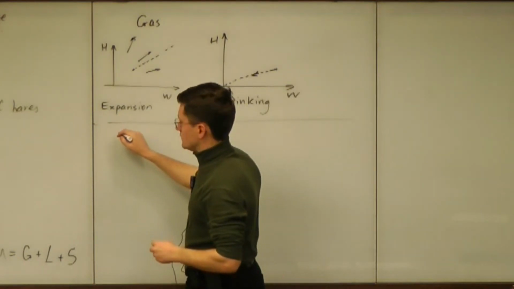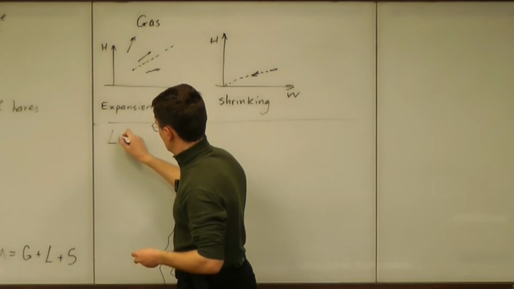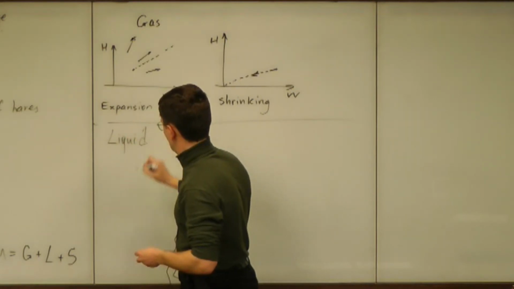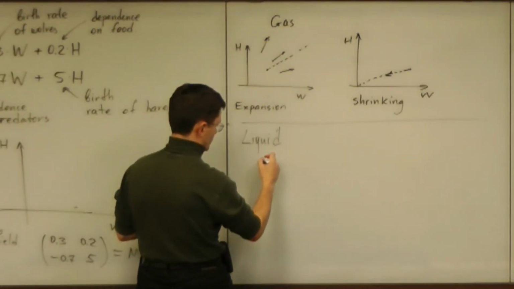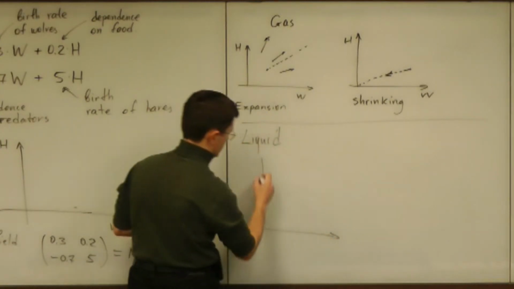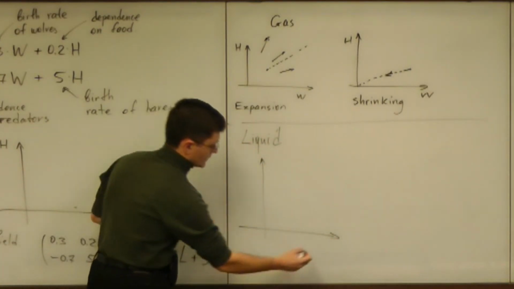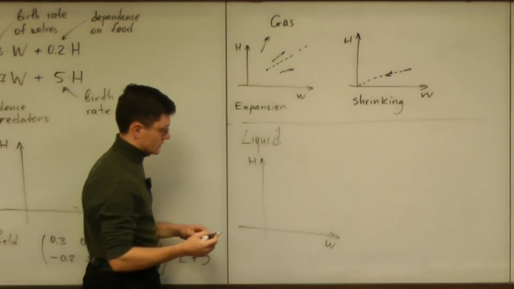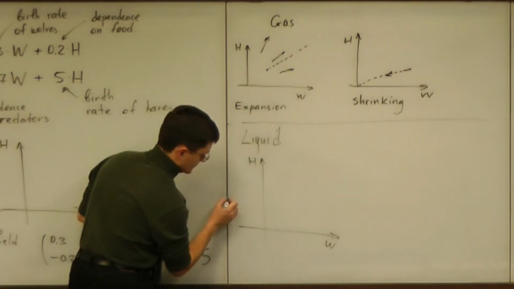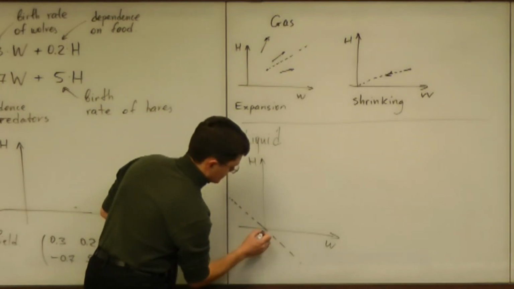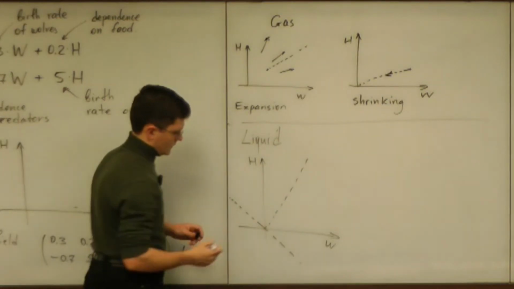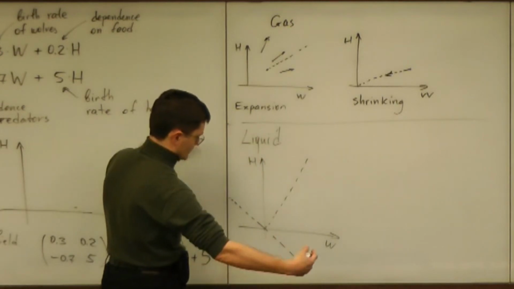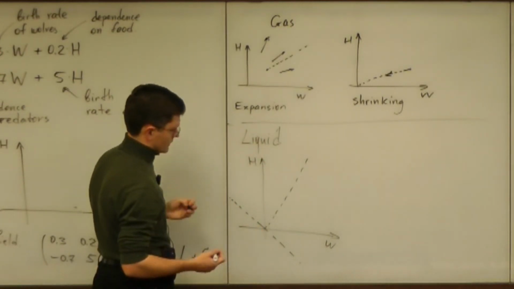Now, what about liquid? What kind of scenario may we see in that case? Well, in that case, on this WH coordinate plane, we expect to see two perpendicular lines. Let's say this one and that one. And the flow is basically along these lines.